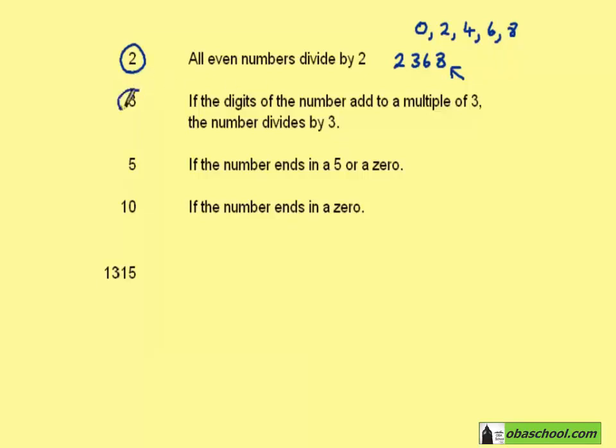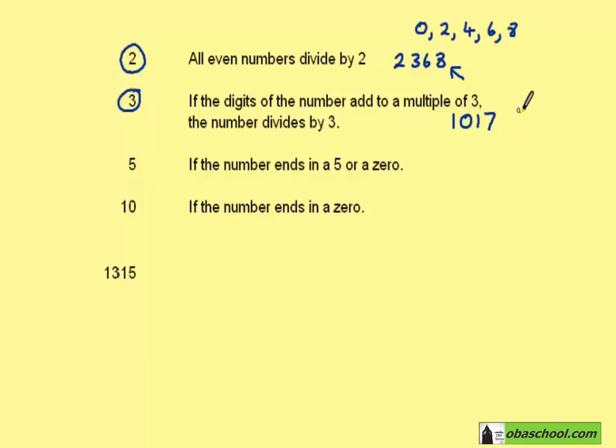There is a divisibility test for 3. If the digits of the number add to a multiple of 3, then the number divides by 3. For example, consider 1017. Look at the digits.